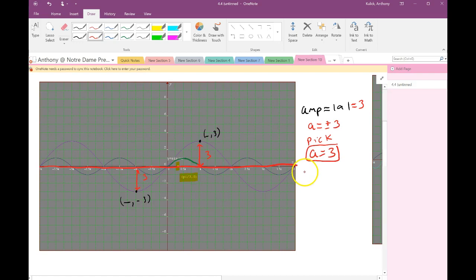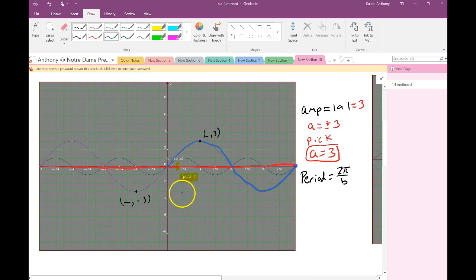Next thing I want to do is look at the period for this function, because I remember that the period is related to B, because the period is 2 pi over B. So if I erase this stuff out of here, if I look at my purple graph here, if I start here, I've gone a crest, and then a trough, and then I'm back to the beginning here.